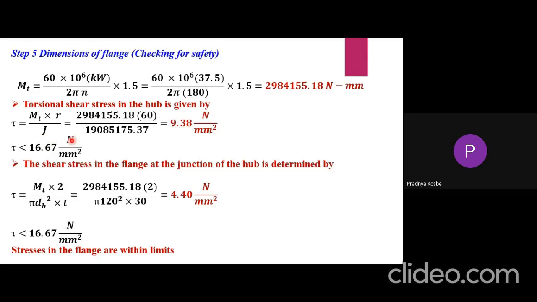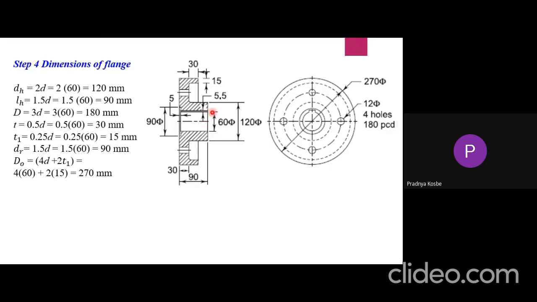So J will be equal to pi by 32 dH raised to 4 minus D raised to 4. J for the hub: you can see, this is the outer diameter of the hub, which is 120 mm, and the shaft is inside the hub.